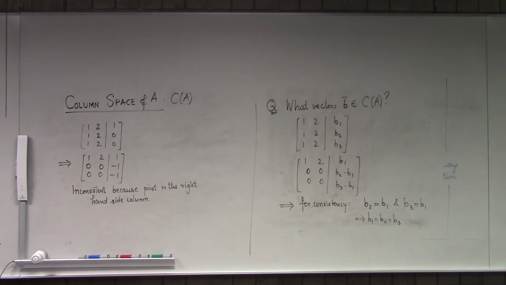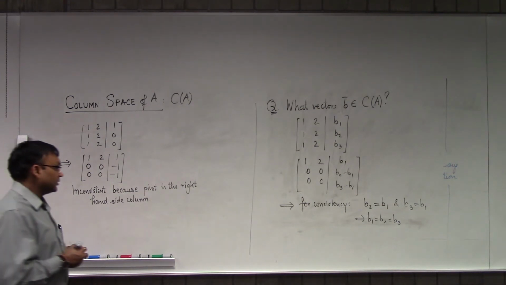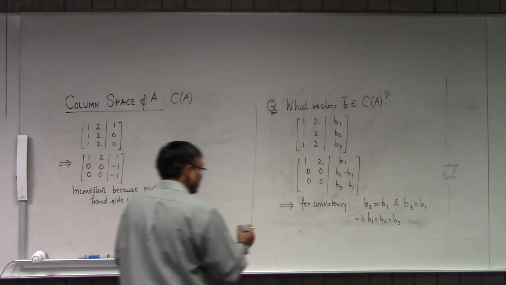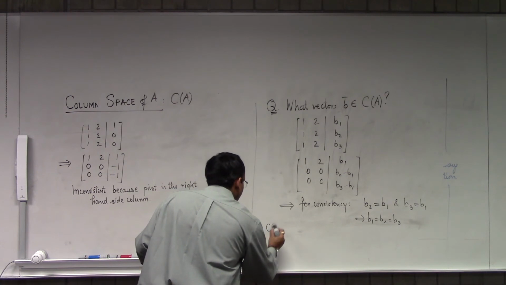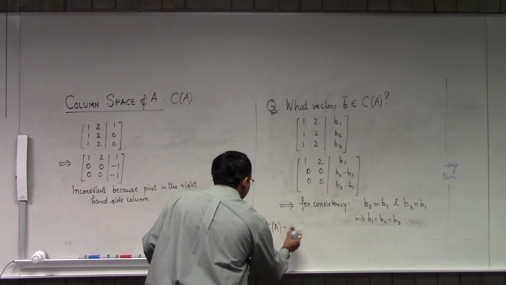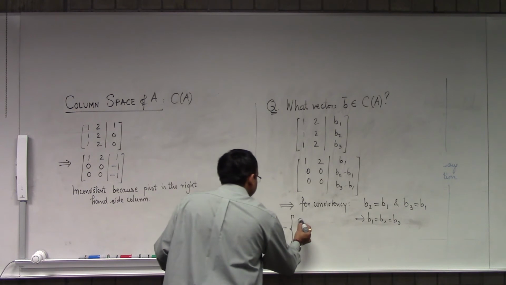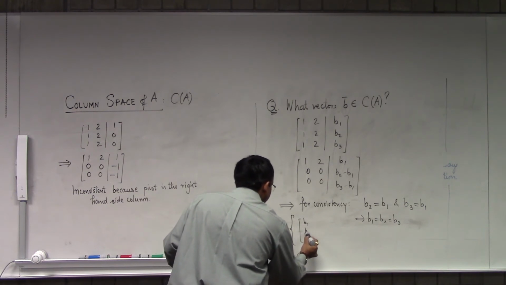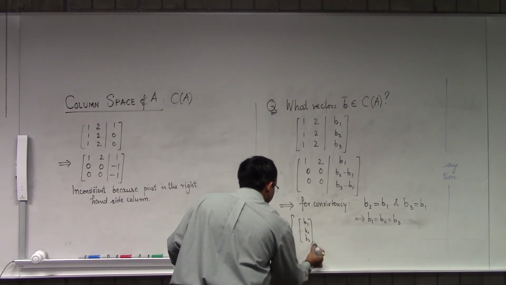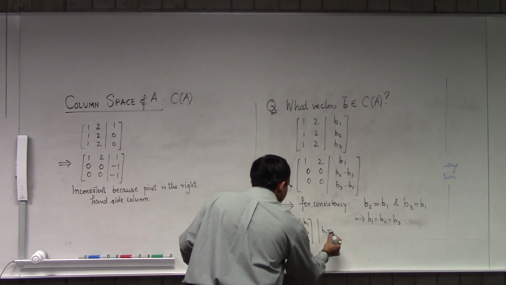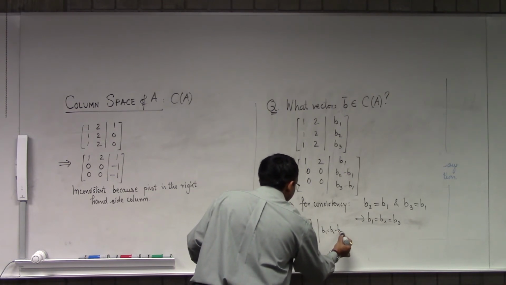So how do we describe the column space? We will say that the column space of A consists of all the vectors B1, B2, B3 such that B1 is equal to B2 is equal to B3.